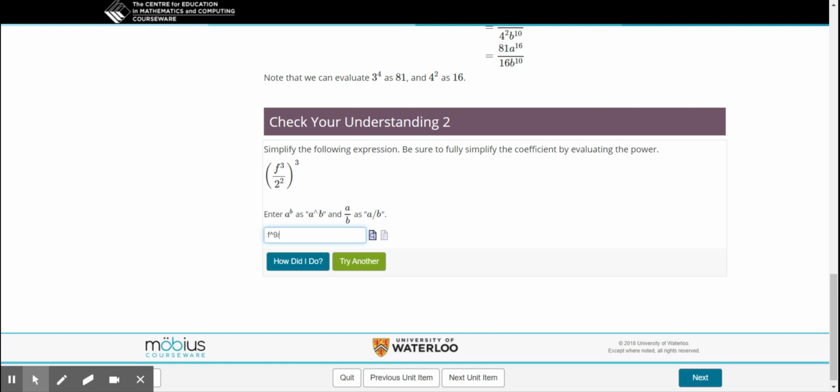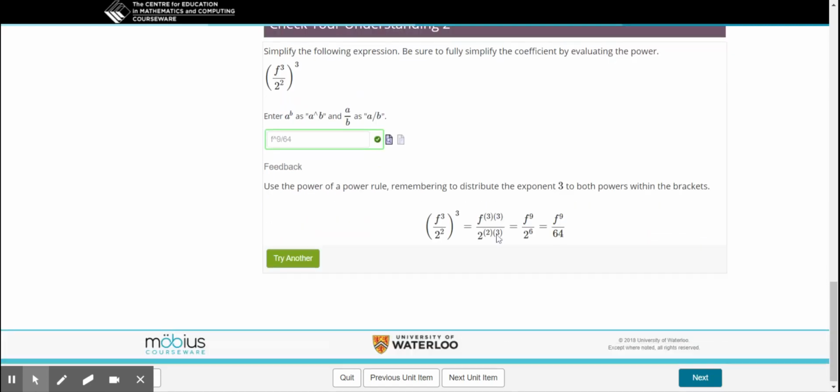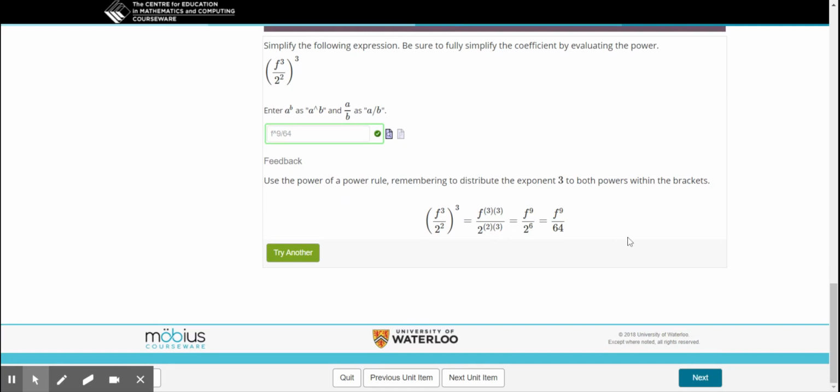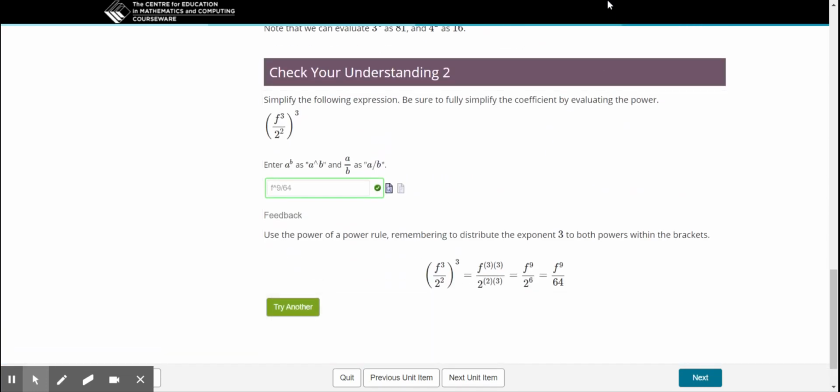So this would be 2 to the power of 2 times 3, so 2 to the power of 6. And 2 to the power of 6 is 64. So then we would write 64 in the denominator to make sure we fully evaluated the coefficient. Let's see if we got it right. Yes, we did. So there it is. And now you're going to have some fun with this, trying a few more of these examples.